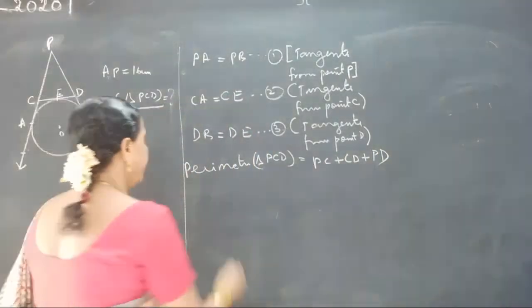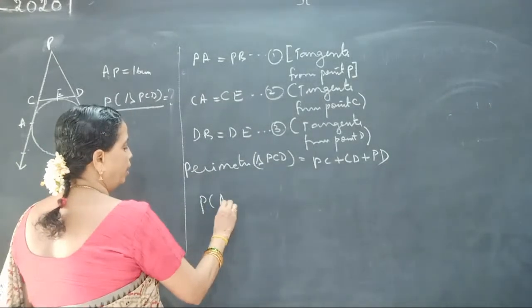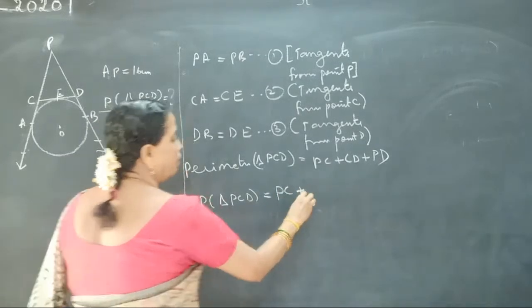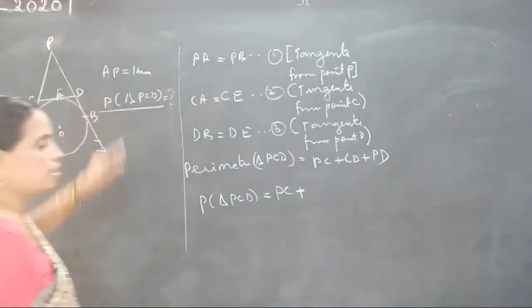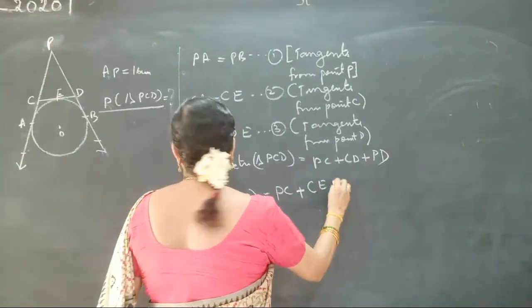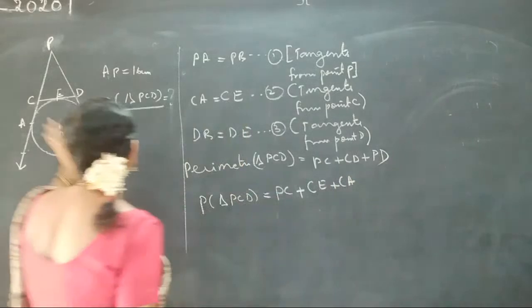Next, perimeter of triangle PCD equals PC plus CD. How can you write CD? CE plus CA. I'm sorry.